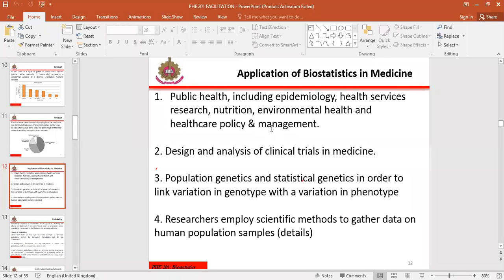Now, if you decide to do a periodic analysis of the data that you have in your health facility, you discover that there is a particular ailment that is prominent, that people do bring to the health facility.